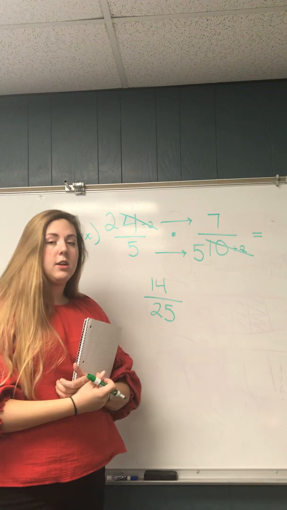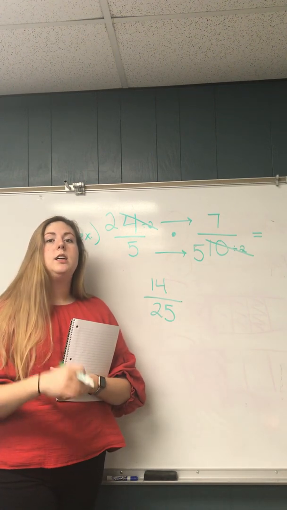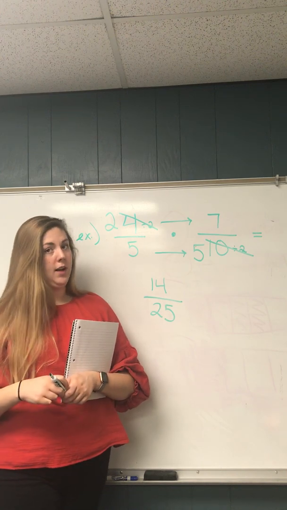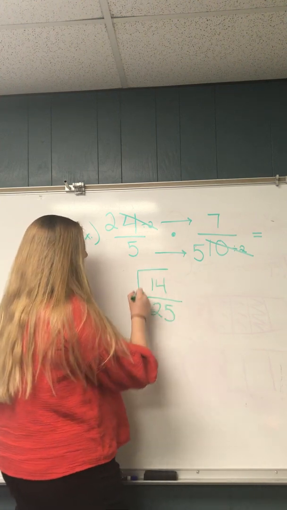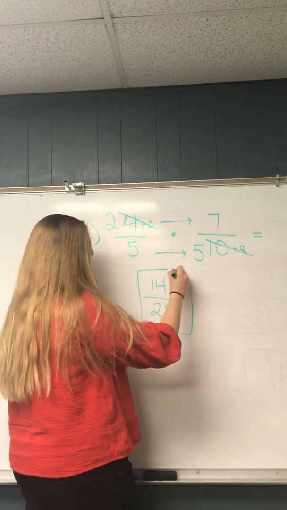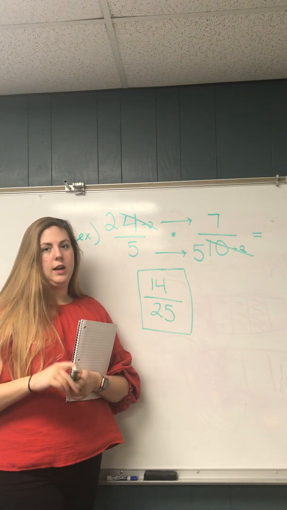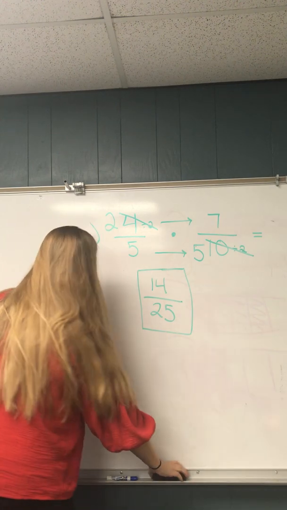Remember that when you have a fraction, you always have to double, triple check to see if you can simplify. Looking at 14/25, can you simplify? No, you cannot. So 14/25 is your answer. All right, that's for the first one. Let's go ahead and move on to our second example now.